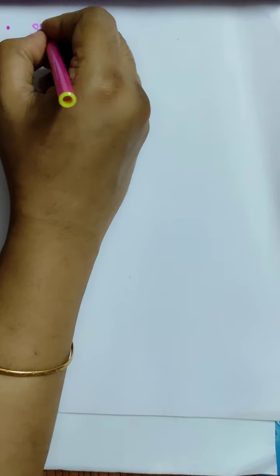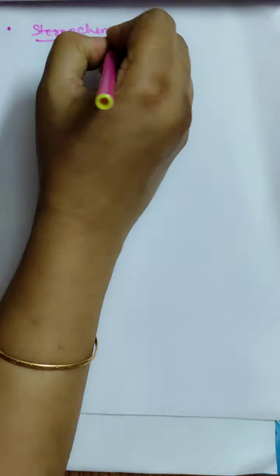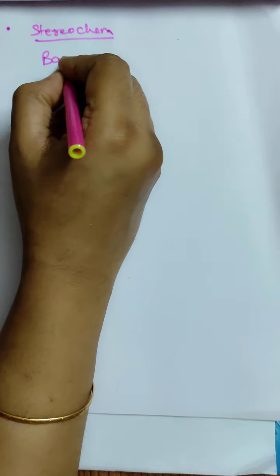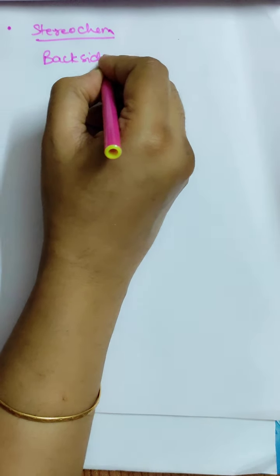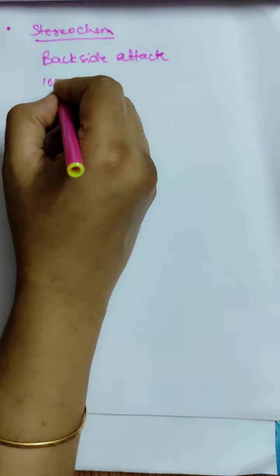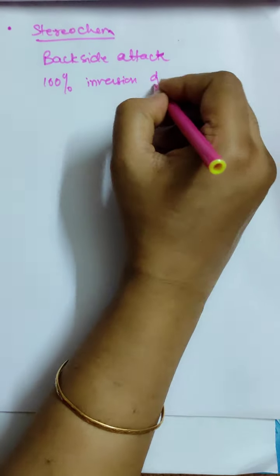And then the most important thing that you have to keep in mind is the stereochemistry. So in stereochemistry, there is a backside attack always, and there is 100% inversion of configuration.